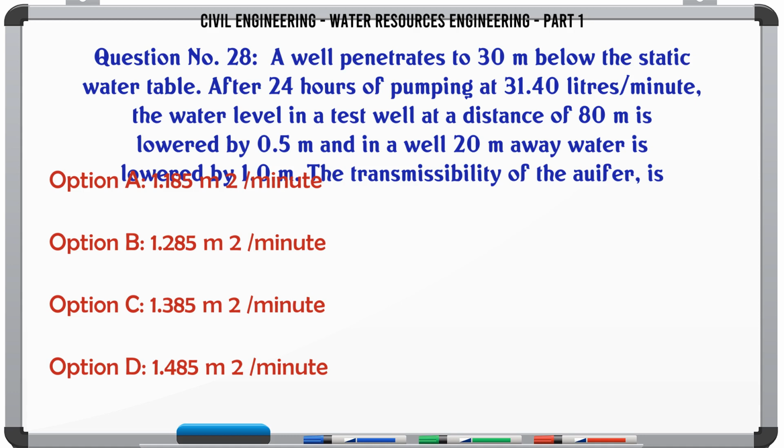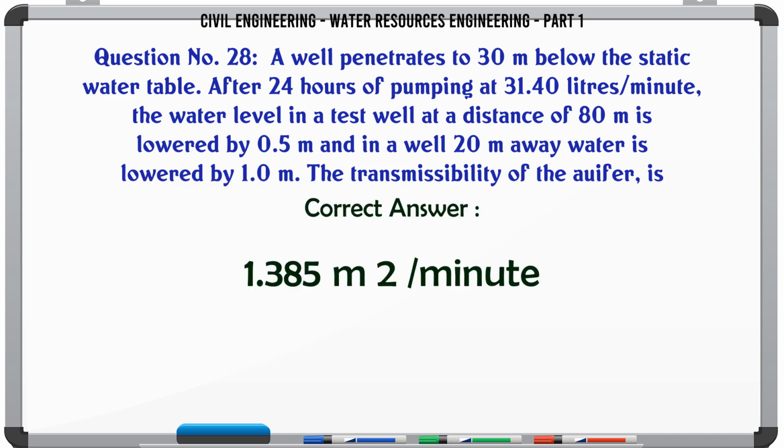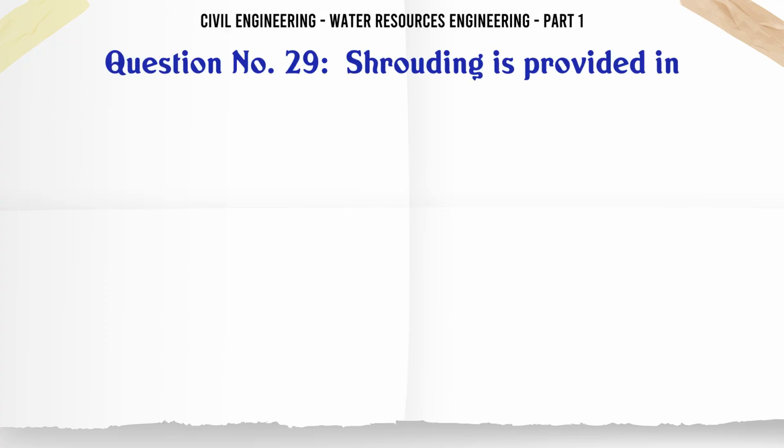The transmissibility of the aquifer is: A. 1.185 m2 per minute, B. 1.285 m2 per minute, C. 1.385 m2 per minute, D. 1.485 m2 per minute. The correct answer is 1.385 m2 per minute.